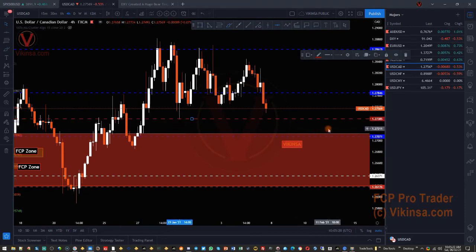If the market goes through this level, then it is expected to come down to this level of 1.2683, and even further than that it can come down to near about 1.26581 or so. So if the market starts to fall, this is the plan that we have.